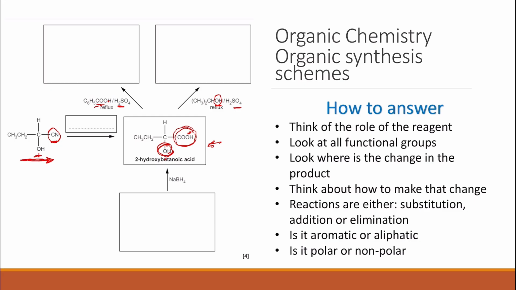And then here they give you only the reagent, which is sodium borohydride, and the product is 2-hydroxybutanoic acid. So they want you to think of the starting material. This is a reducing agent. Let's have a look at the structure of your product here, which is the 2-hydroxybutanoic acid. What can be reduced?